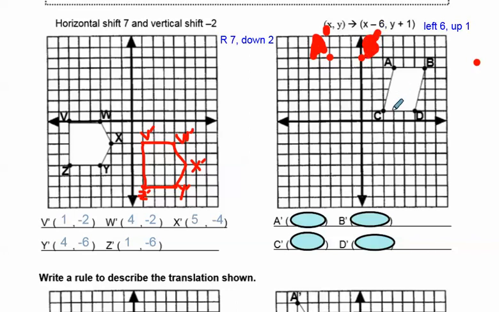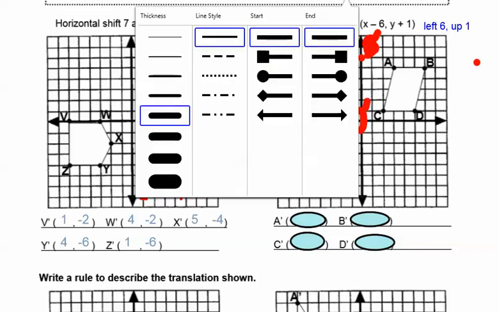All right. And then for C, 1, 2, 3, 4, 5, 6. And then up 1 again. All right, that's our C prime. And then for D, 1, 2, 3, 4, 5, 6, and then up 1, that is our D prime. Okay.